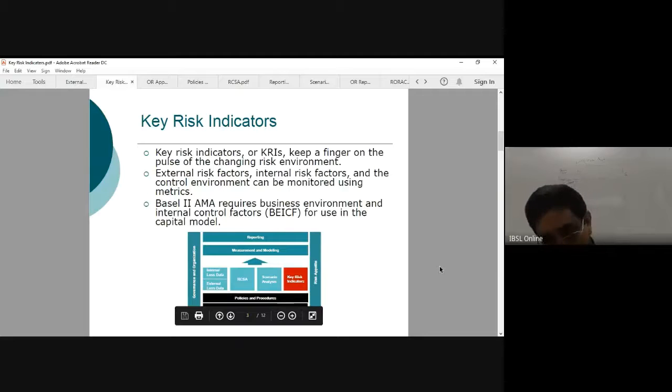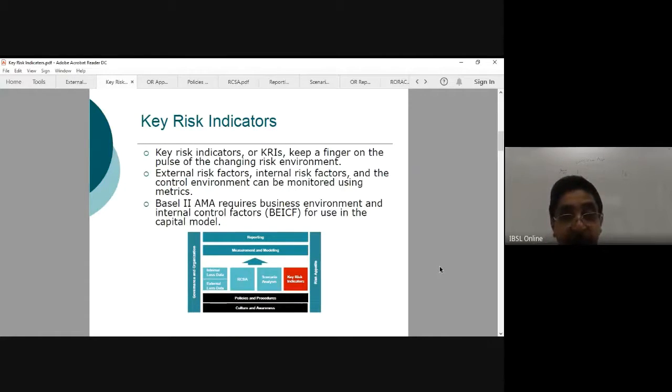Now it really looks at the change in risk environment, not only internal, external also, external risk factors.